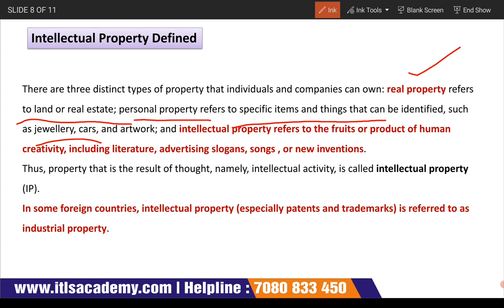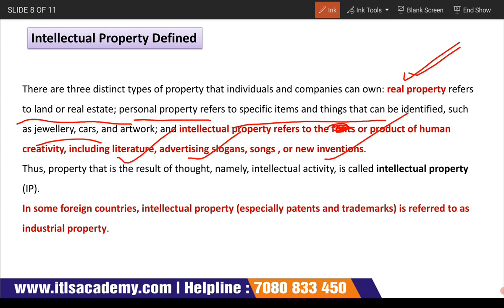As we have already discussed, intellectual property refers to the creation of the mind, which includes any literary work, advertising slogans, songs, or any new invention. It is divided into three categories. Real property means land or real estate, and the second is personal property, which includes jewelry, your cars, and your artistic work.